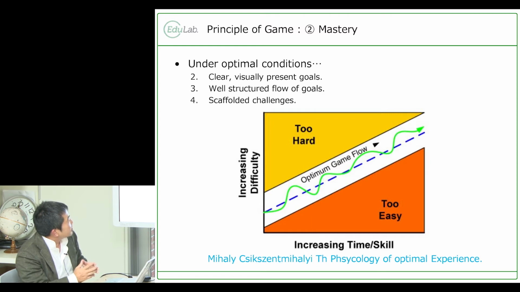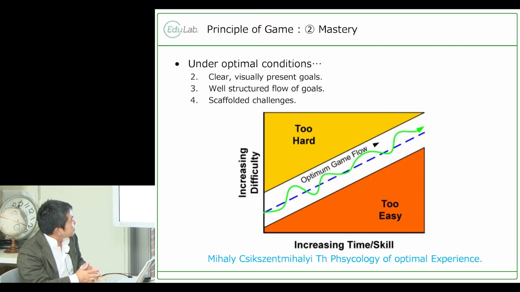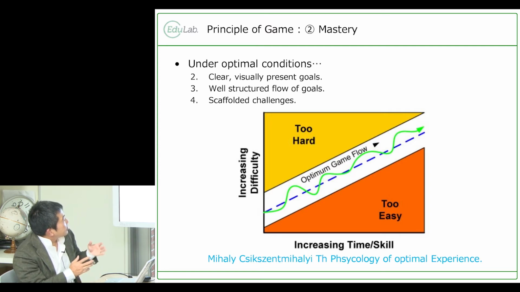Scaffolded challenges make games interesting. And when I say scaffolded challenges, the balance between the difficulty and the time and skill needed to clear that difficulty has to be optimal.